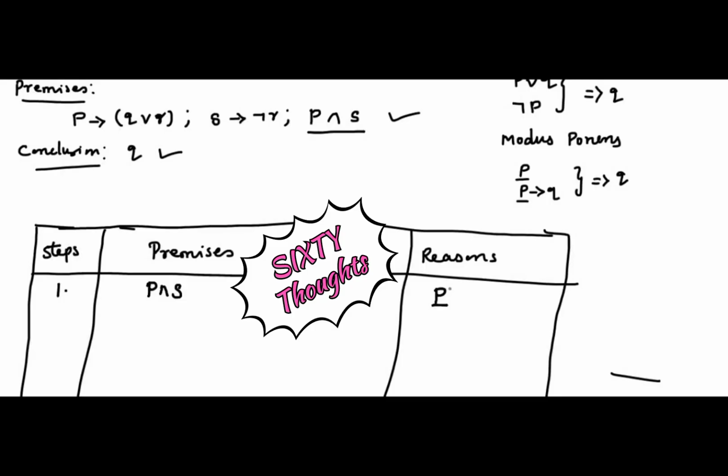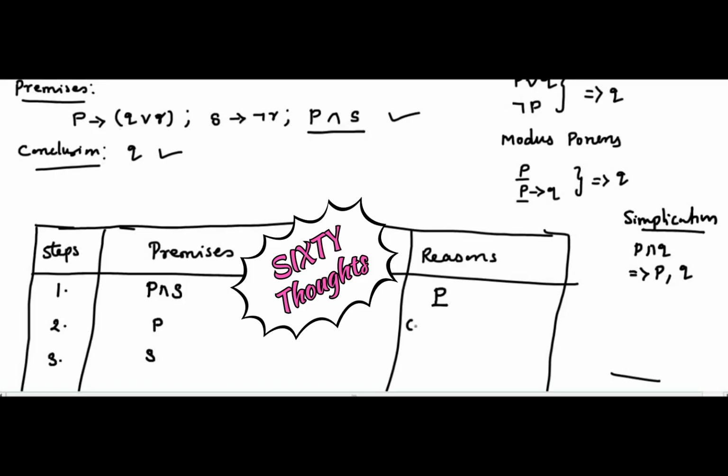So using this premise, we are going to write the P variable separately and the S variable separately. That means step number two and step number three, by using the simplification law. What is the simplification law? Whenever we get P and Q, we can write either P separately, or Q separately. So from step number one we can write P separately, S separately.